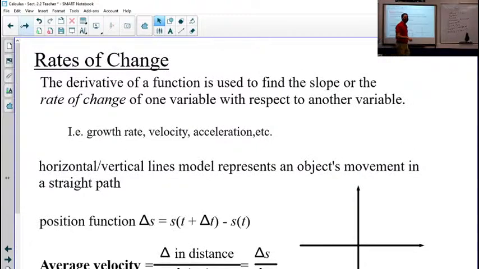Let's talk about a common application question with rates of change here that use derivatives.